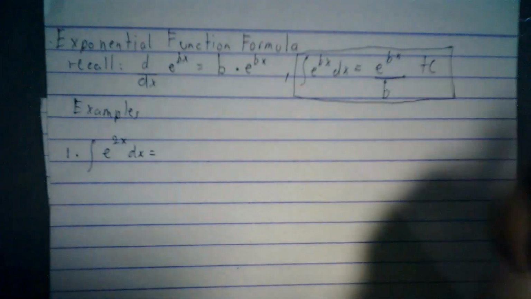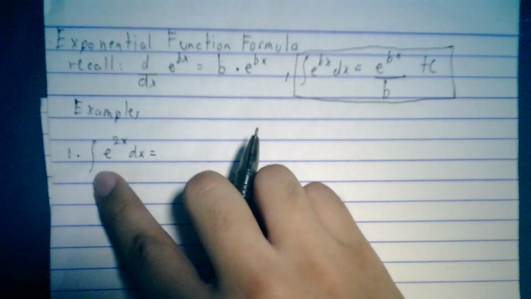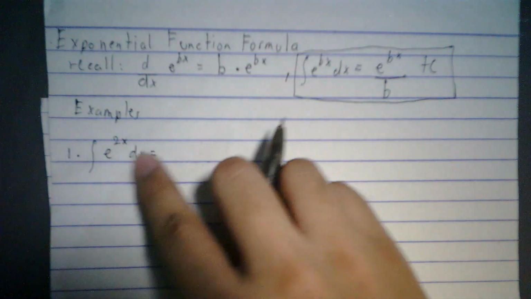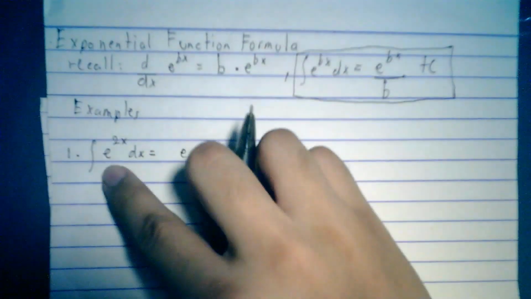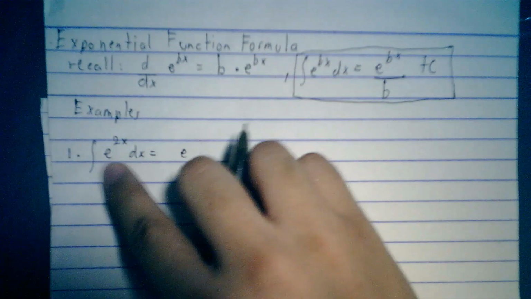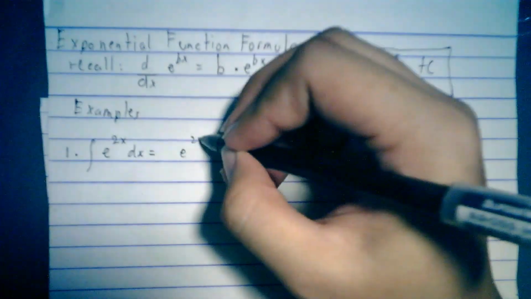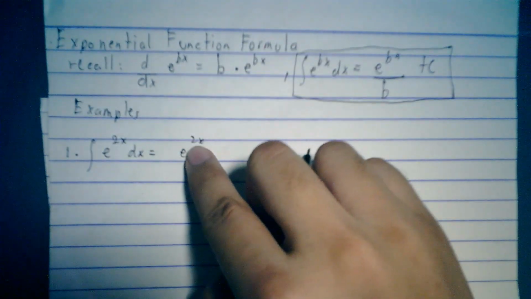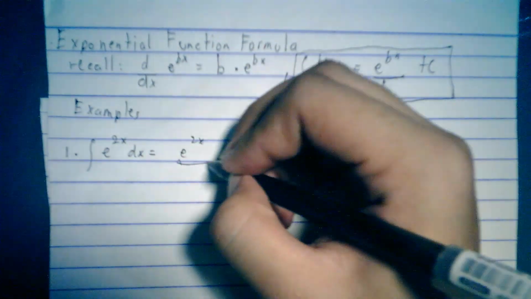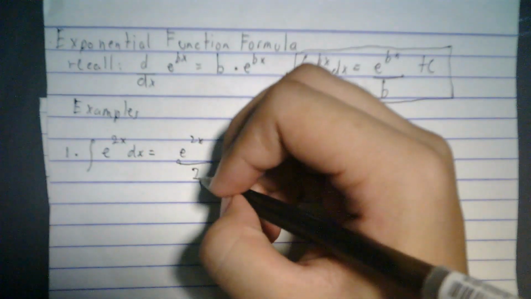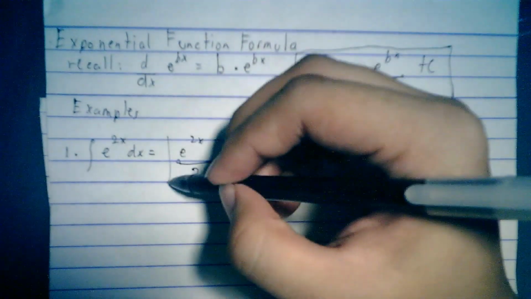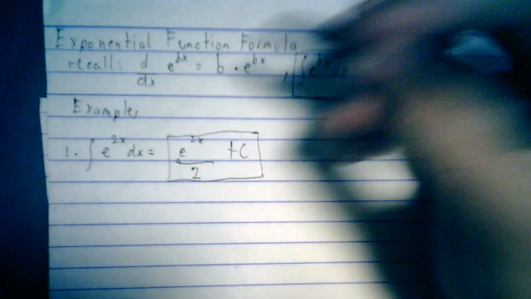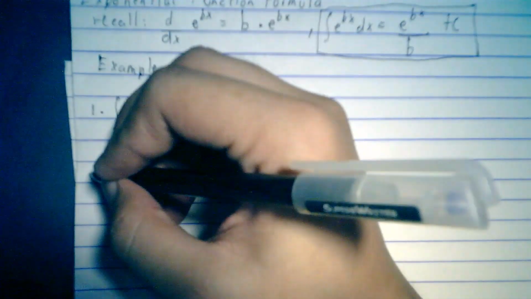So the integral of e raised to 2x dx is just equal to e raised to 2x, copying the function, and whatever the constant is, you just bring it down, over 2, plus c. That's our answer for number 1. It's easy. Now we proceed to example number 2.